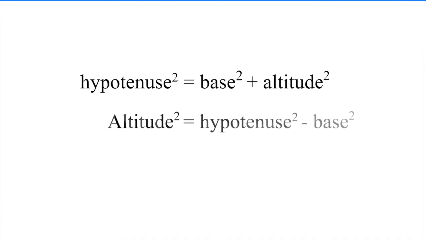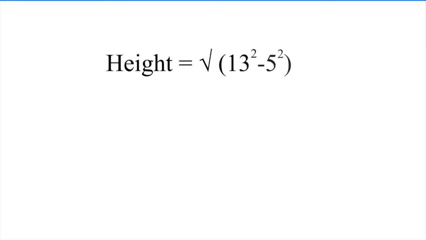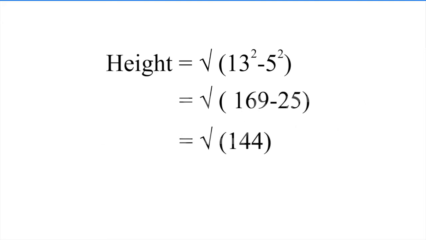That is, altitude square is equal to hypotenuse square minus base square. Altitude or height is equal to square root of hypotenuse square minus base square. That is, height is equal to square root of 13 square minus 5 square is equal to square root of 169 minus 25 is equal to square root of 144 is equal to 12 centimeters.